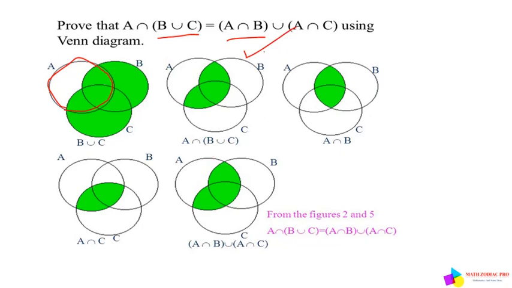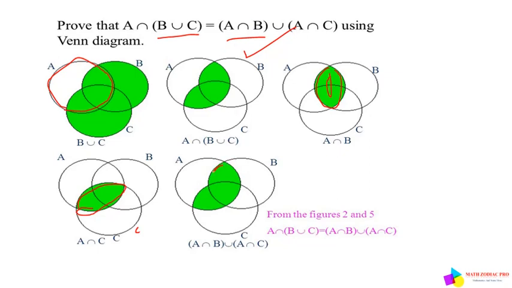Next one is A intersection B. So A intersection B means the common part of A and B. Okay, this is a common part of A and B. And next one is A intersection C. So A intersection C means the part A and this is a circle C. So common part of A and C, this one is a common part of A and C. Okay, and we want the union of both A intersection B and A intersection C. So we get this part.